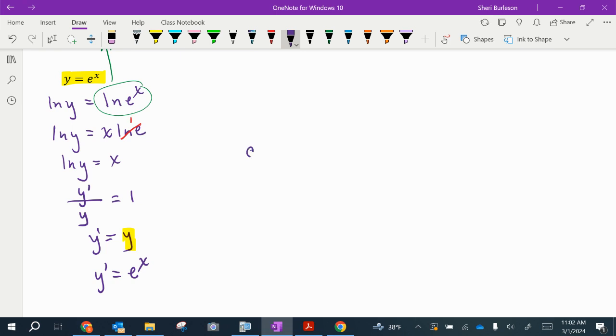So what that tells me is that the derivative of e to the x is e to the x. If I'm being honest, that's probably the easiest derivative we have ever taken in this class. So the derivative of e to the x is e to the x, as we have shown with logarithmic differentiation.